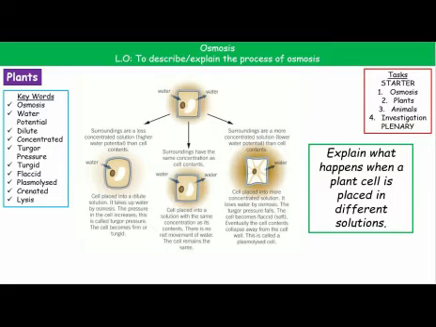If we go to the diagram on the far right, then what we can see is the situation when the surroundings of the cell are a lower water potential than the contents. So in this scenario, the higher water potential is inside the cell, and therefore water is going to move from the cell to the surroundings.